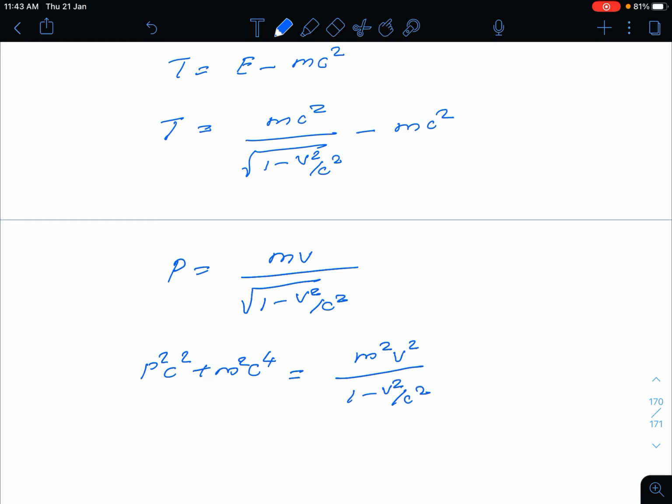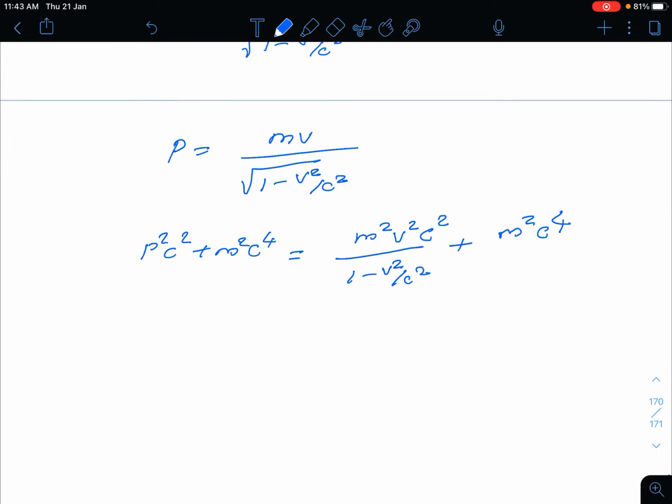Into c square, so that is c square, plus m square c raised to 4. Now that is 1 minus v square by c square, m square v square c square plus m square c raised to 4 into 1 minus v square by c square.